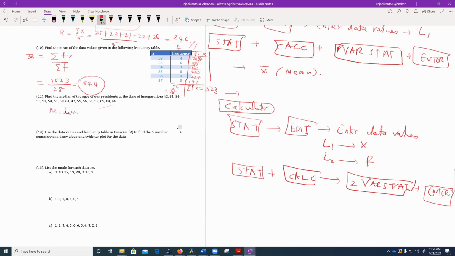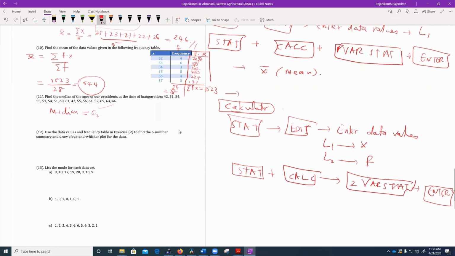What is the notation we use for the median? Under the 5-number summary, it is Q2. Yes, Q2. So enter all the data values, then find the summary.